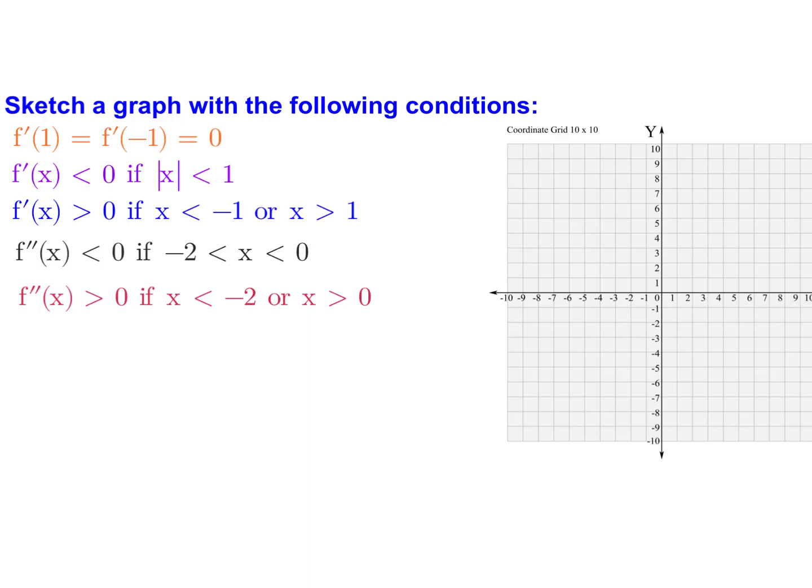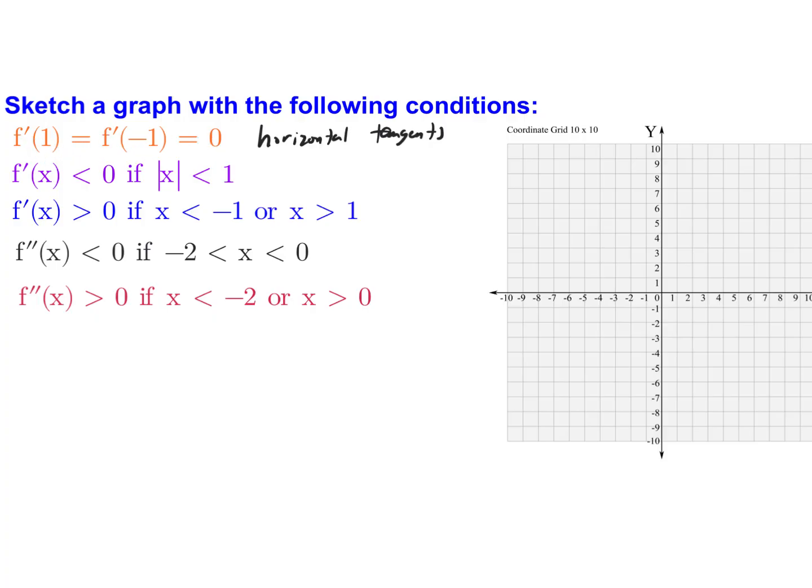Now let's break down each one of these lines and tell you what that means, okay? When I have a slope that equals 0, when I have a first derivative that equals 0, what's going on here? What information are we getting from this orange line? There's a horizontal tangent at 1 and negative 1.